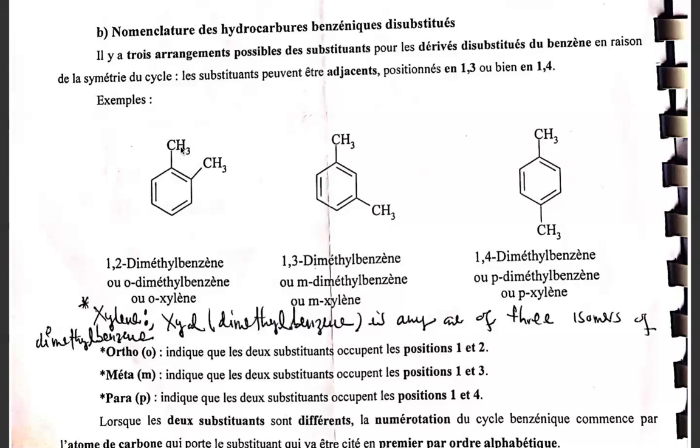But if you have methyl and ethyl, we are not using that. We are using the normal one, and the normal one states we are supposed to use the principal chain, benzene, and the alphabetical order is what's going to give us the lowest index possible for that hydrocarbon. Is it clear?